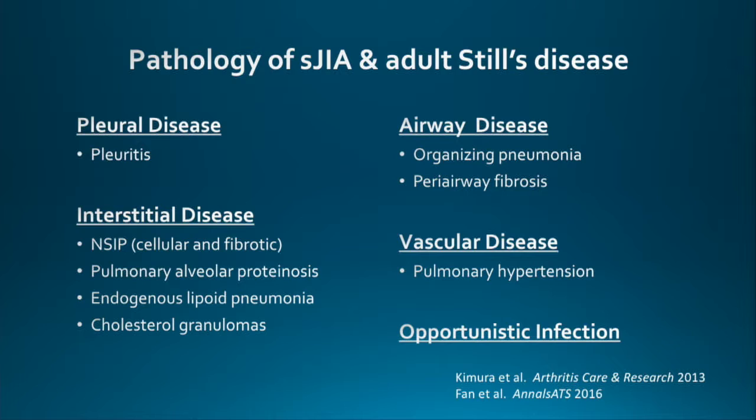They have airway disease, predominantly in the form of organizing pneumonia and peri-airway fibrosis. And then, of course, vascular disease, which presents clinically with pulmonary hypertension. And then, of course, the bane of all disorders in immunosuppressed patients: they have frequent opportunistic infections. Next slide.